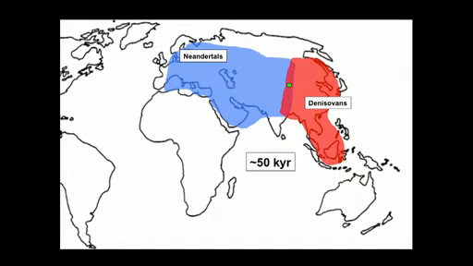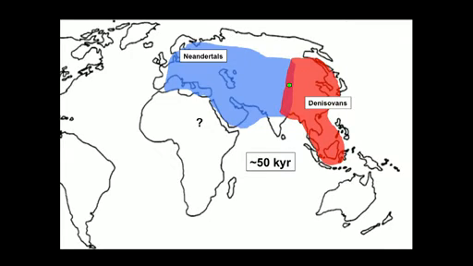So from studying these genomes of extinct humans, we're beginning to arrive at a picture of what the world looked like when modern humans started coming out of Africa. In the west, there were Neanderthals. In the east, there were Denisovans, maybe other forms of humans too that we have not yet described.